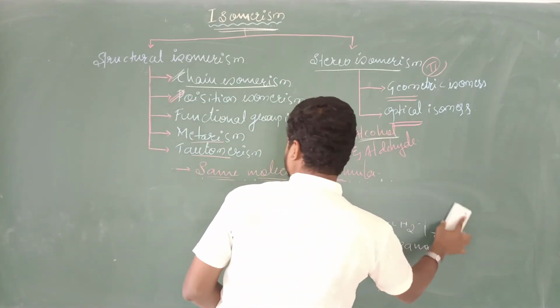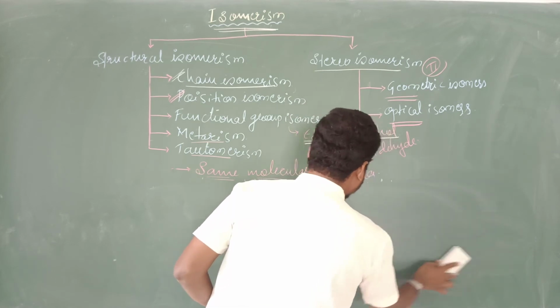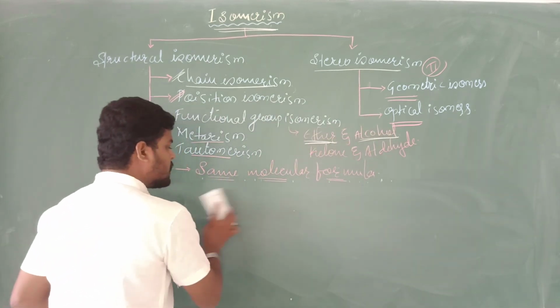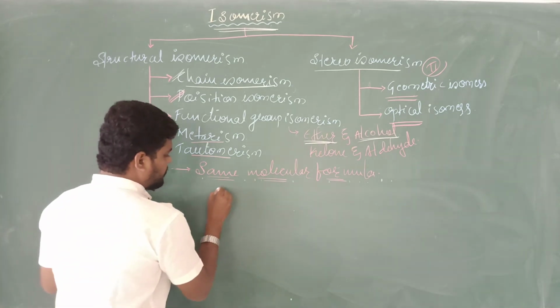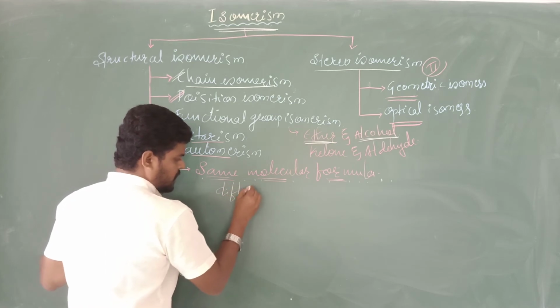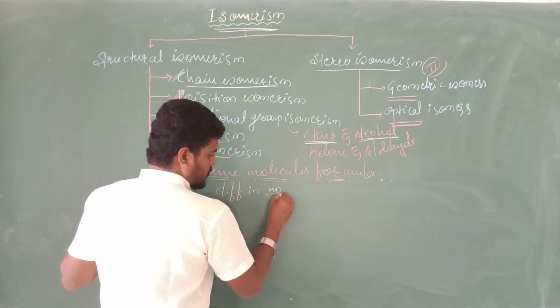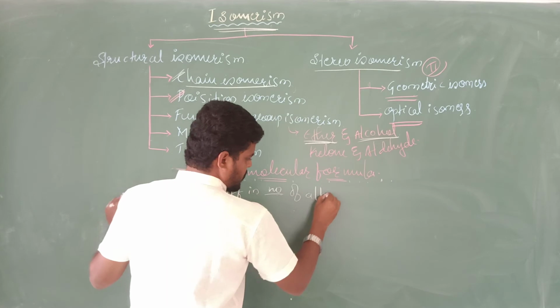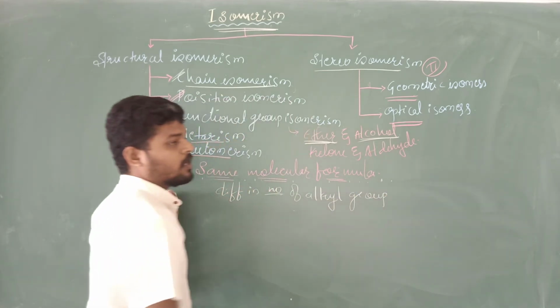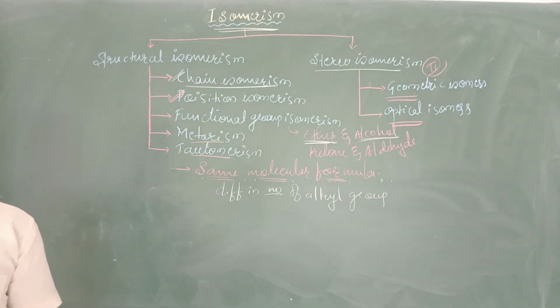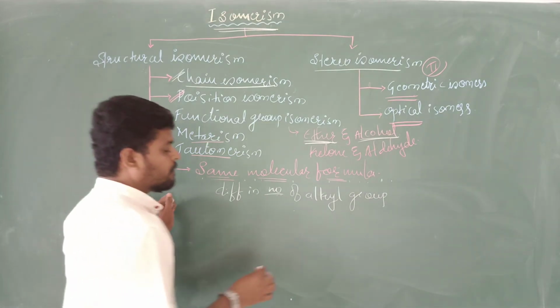And the next one is metamerism. Metamerism is nothing but compounds having the same molecular formula but differing in the number of alkyl groups around a functional group.